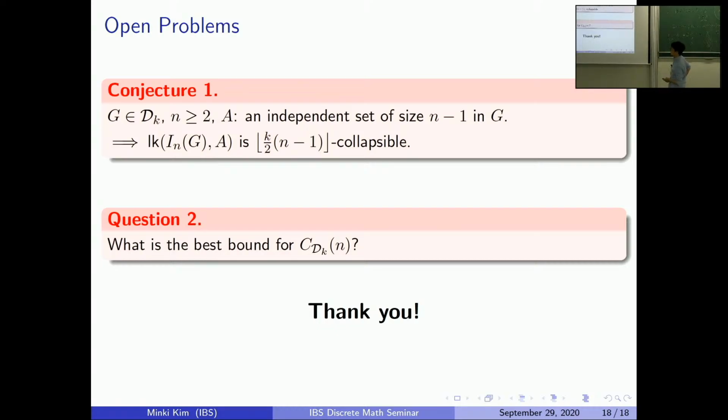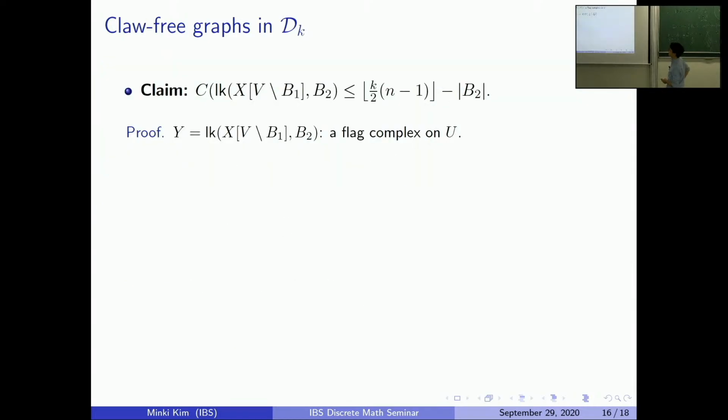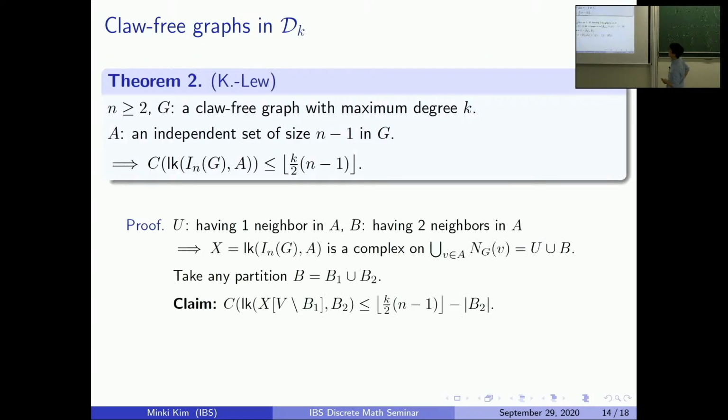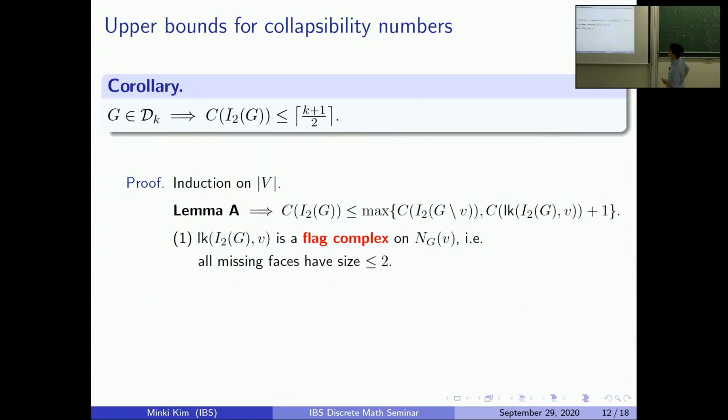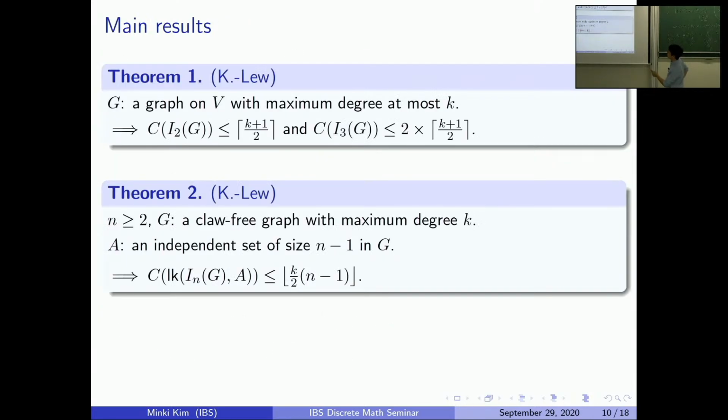We haven't tried. We just know for n equals 2 and n equals 3. For n equals 2, I showed you. For n equals 3, we have this result, but the proof uses all of these lemmas and is quite complicated, so I didn't show you. Even n equals 3 is super complicated, so we haven't tried the n equals 4 case.